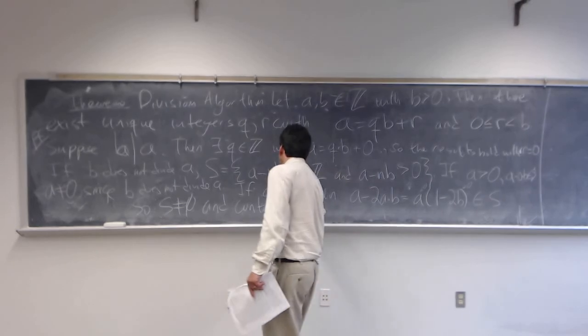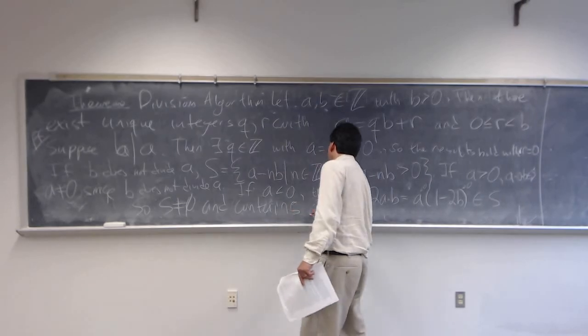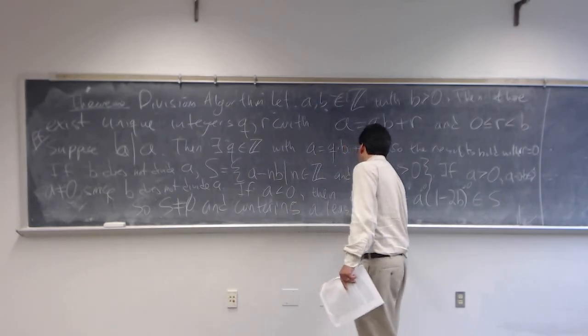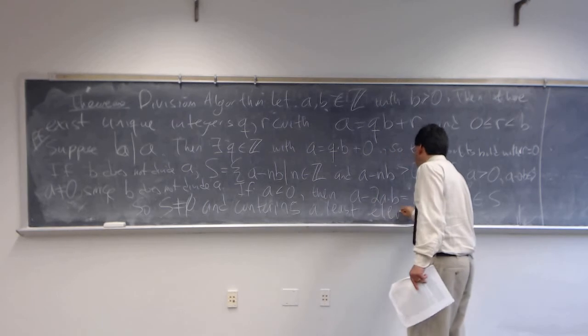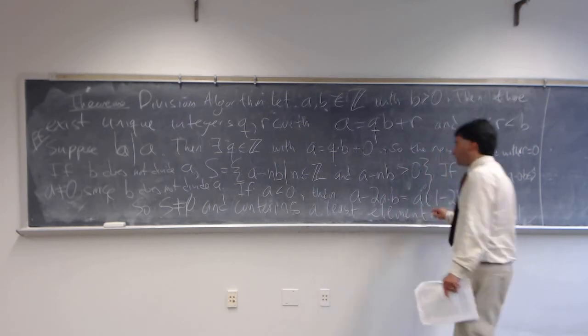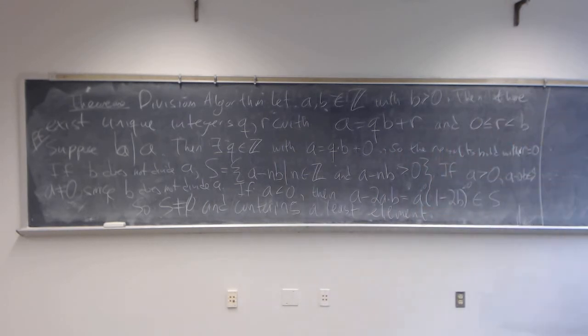And so it's a non-empty set of positive integers. It contains a least element. That's by the well-ordering principle.